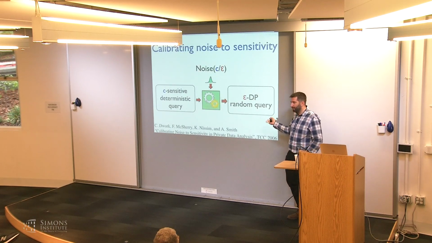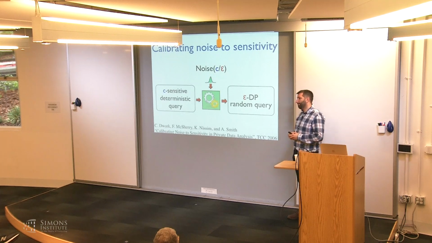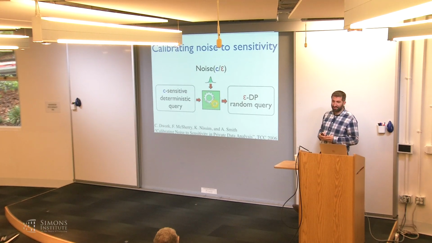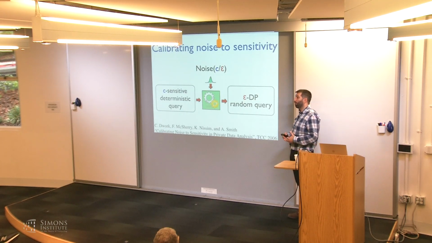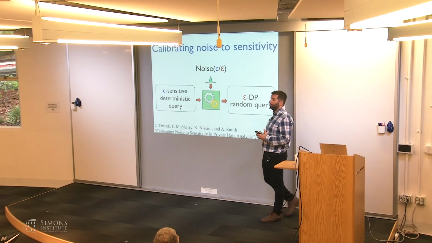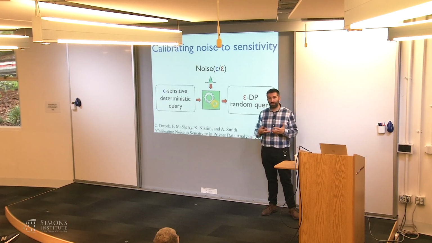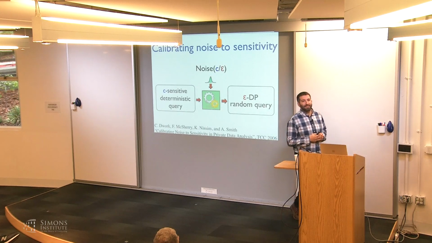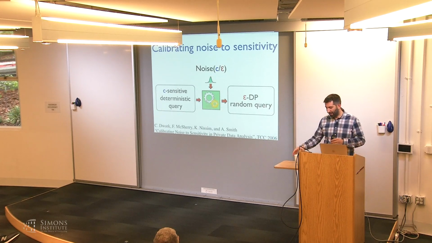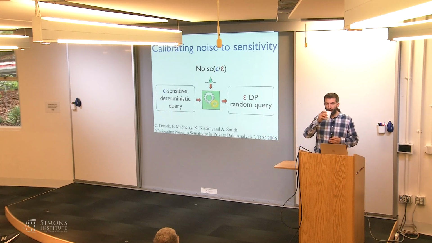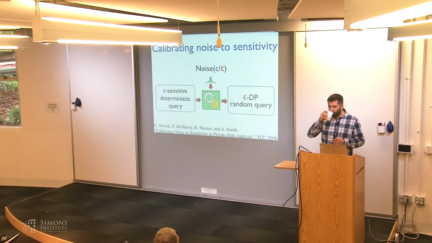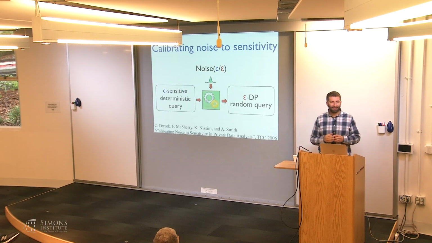It was already in the original paper, calibrating noise to sensitivities; we just made it more formal and more available to the programmer. Yes? Is it possible to explain how you're using the word semantic in this case? Formal, yes.